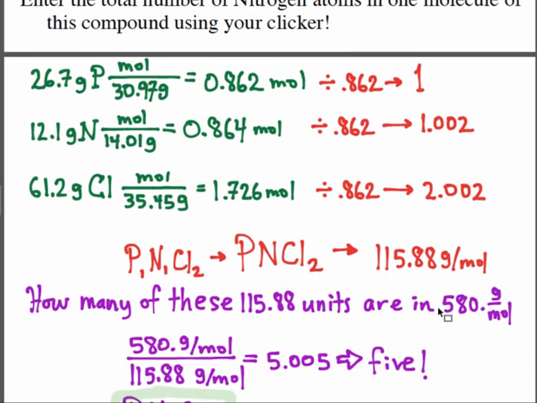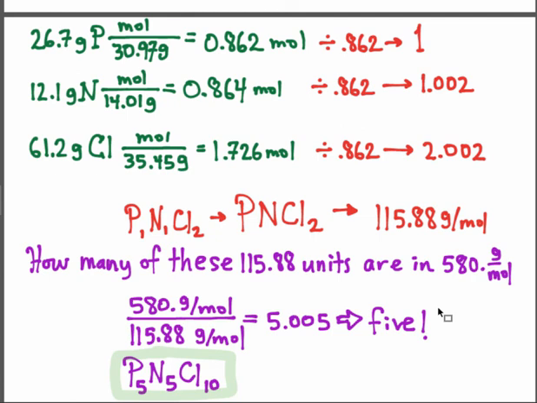Question, lastly, how many of those 115.88s are in 580? And the answer is it's very close to 5. So if there's 5 of those empirical units in the molecule, take this times 5, take this times 5, take this times 5, and that's your molecular formula.